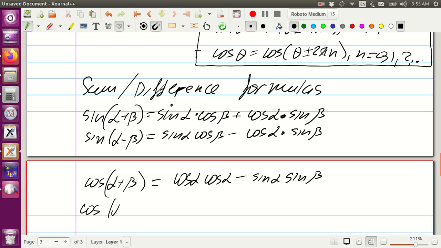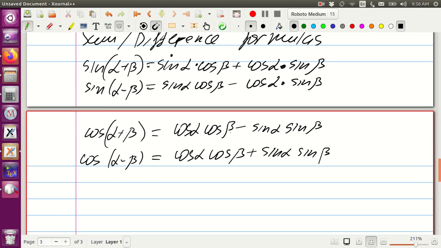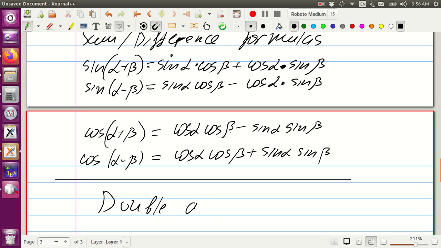And if we think about cosine of alpha minus beta, it's going to be cosine of alpha cosine of beta plus sine of alpha sine of beta. Oh, here's a mistake, it should be beta. Making a lot of mistakes today, but sometimes it happens. So sum and difference formulas might be useful. Then from these sum and difference formulas, you can derive double angle formulas.